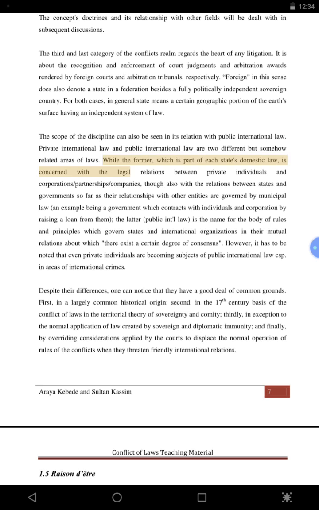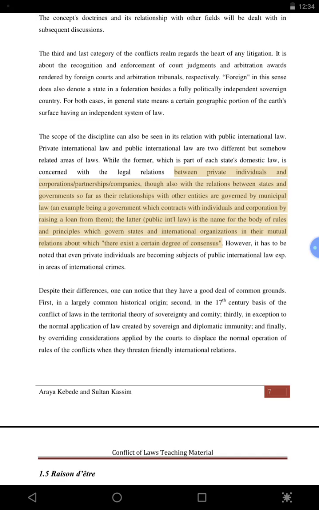While the former, which is part of each state's domestic law, is concerned with the legal relations between private individuals and corporations, partnerships, companies, though also with the relations between states and governments so far as their relationships with other entities are governed by municipal law, an example being a government which contracts with individuals and corporations by raising a loan from them, the latter, public international law, is the name for the body of rules and principles which govern states and international organizations in their mutual relations, about which there exists a certain degree of consensus.